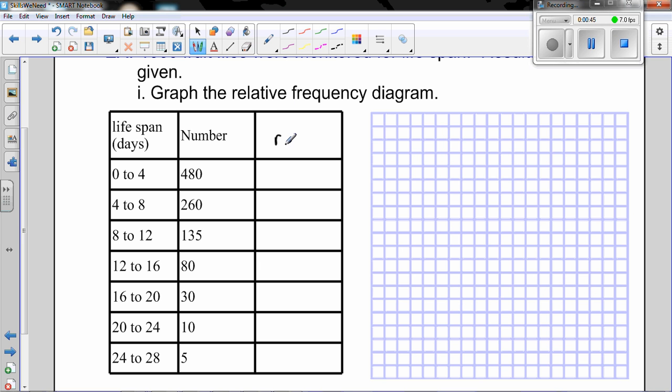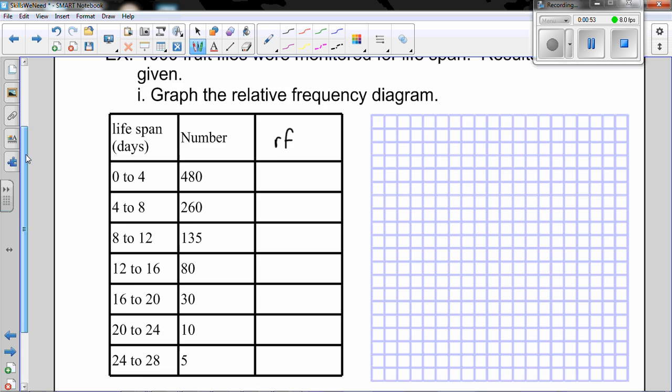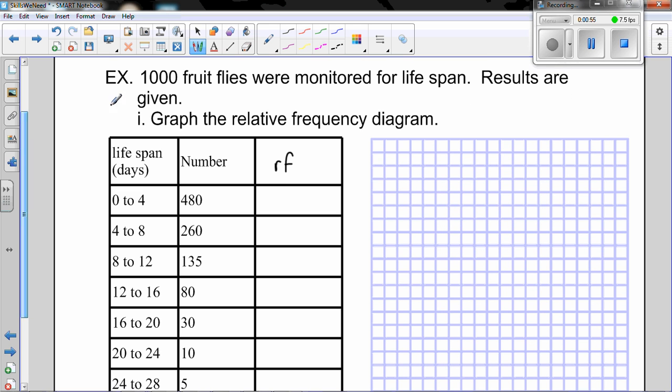So over here, I want the relative frequency. Well, the relative frequency is just the percent of data that fall in each of those categories. Notice there were 1,000 in total here, so this is just 480. Oh, and the numbers are nice. Isn't that fantastic? Just divide this by 1,000.